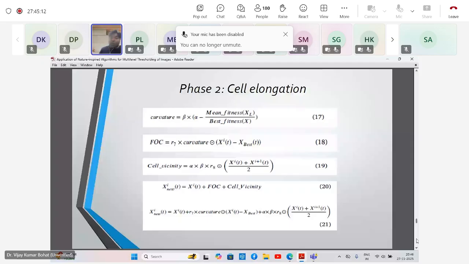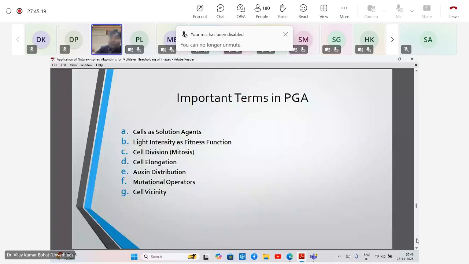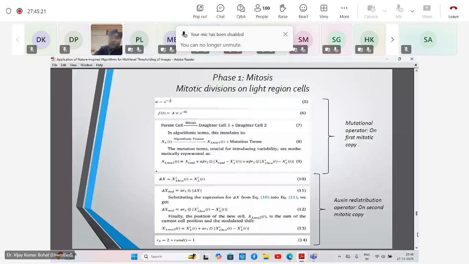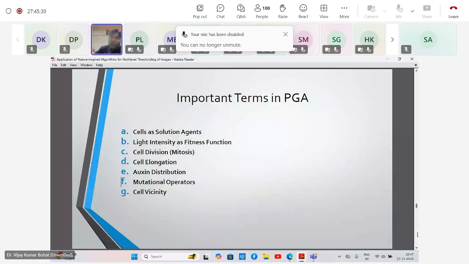So what has been done till now? Okay. So till now, we have divided the population into two parts, that is light region cells and shaded region cells.